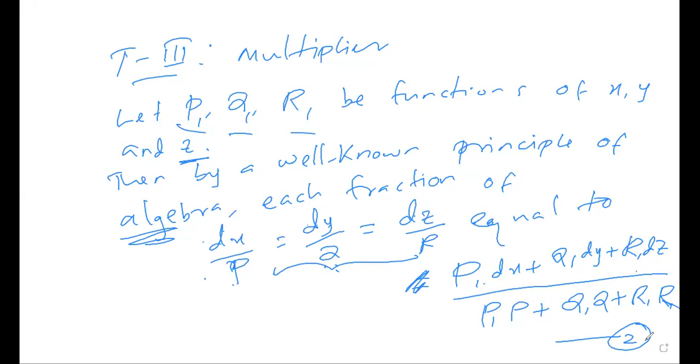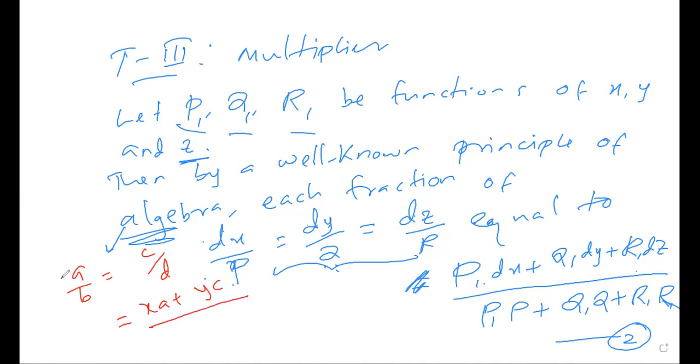So this principle of algebra means, for example, A over B, C over D, which is equal to XA plus YC over XB plus YD.